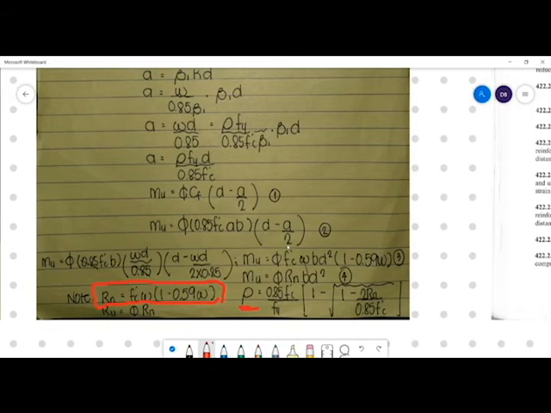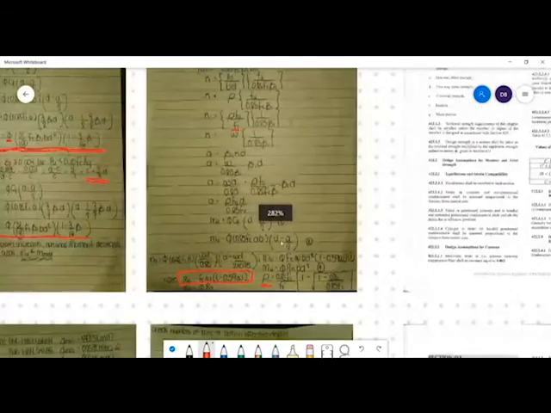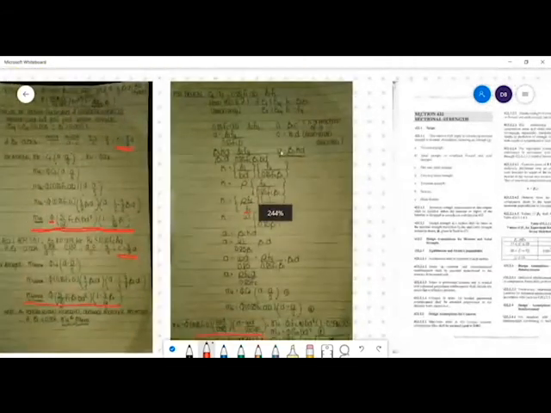We are going to try this out on all our problems concerning shallow foundation.